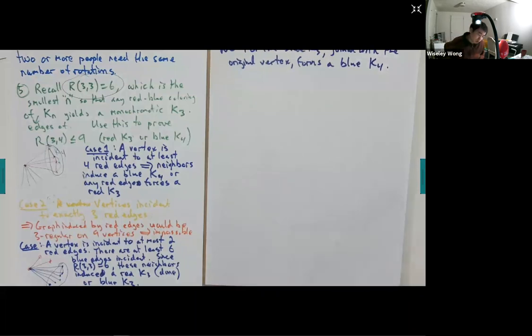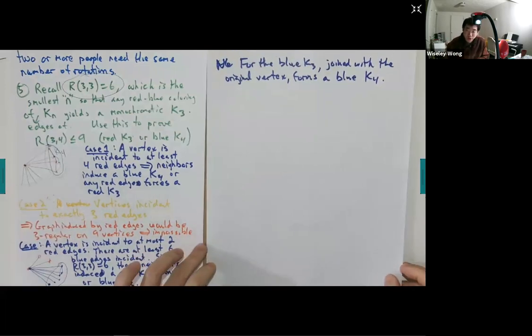And so that proves that R(3,4) is at most 9. So the value is actually 9.